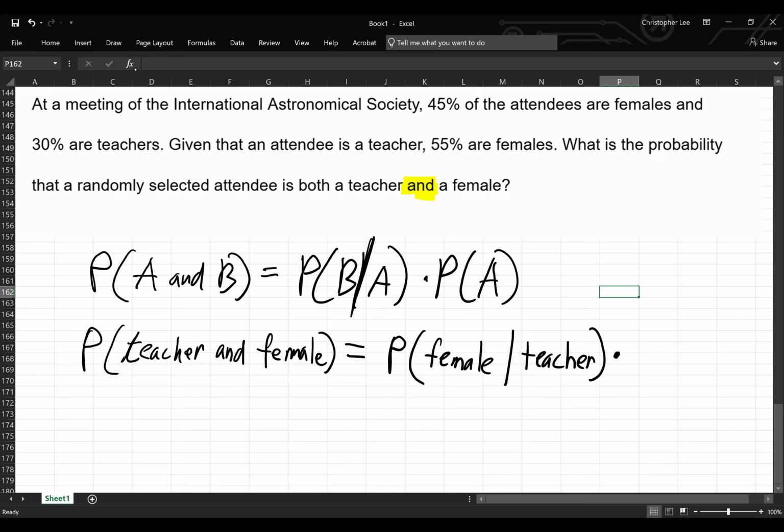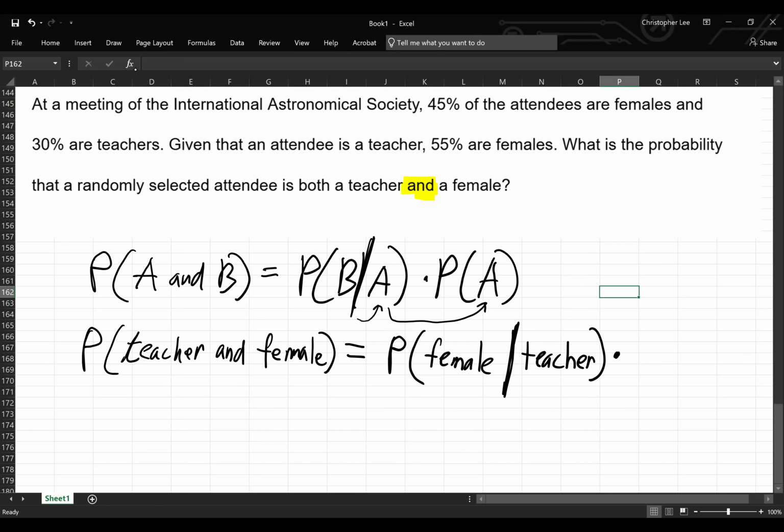Whatever comes after the given statement is the one that's going to be by itself out here. So my question to you is, in my story here, the second line, what comes after the given? Say it.